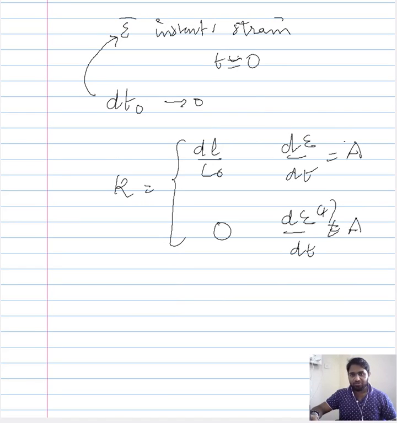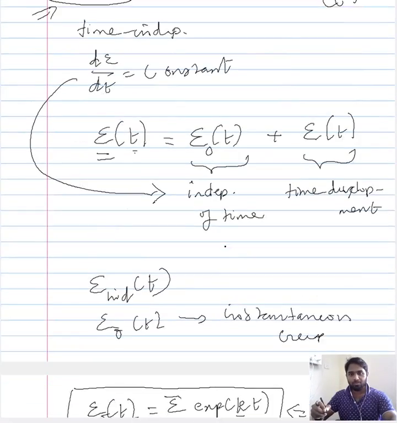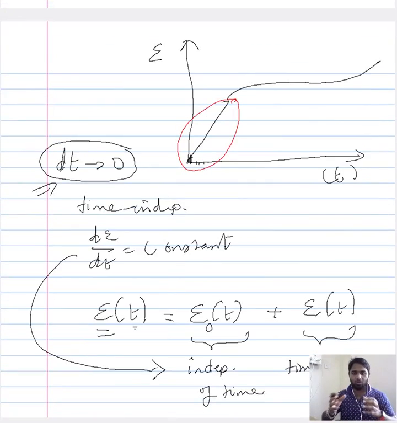When the strain rate is constant, that is within the instantaneous creep region or the time independent region, this K here is nothing but the definite strain. However, away from this instantaneous region or time independent region, the K here is 0. So this is how the initial stage of the creep was defined by Andrade. So the first stage of the creep he characterized by the exponential increase in the strain of the material.